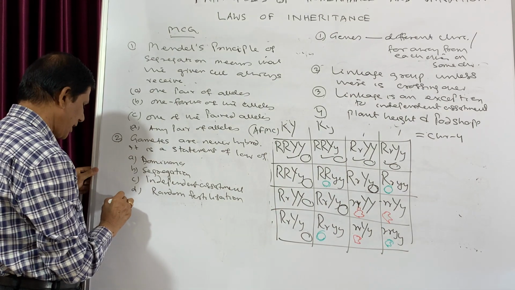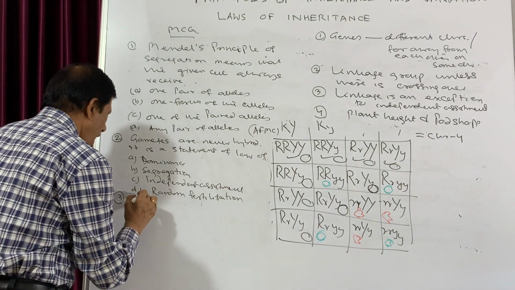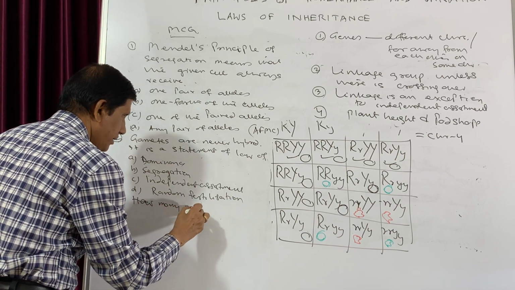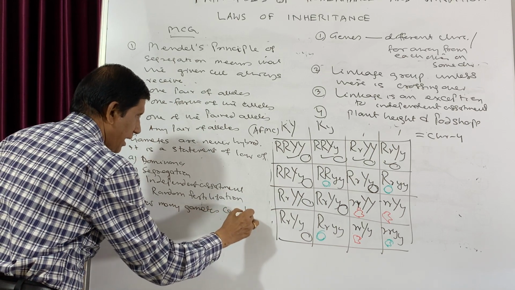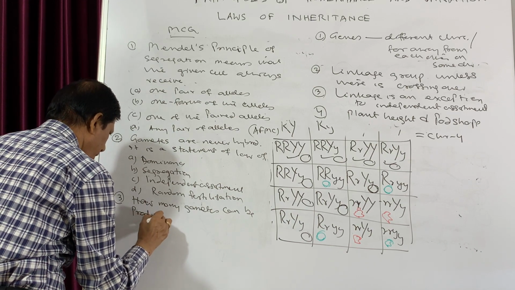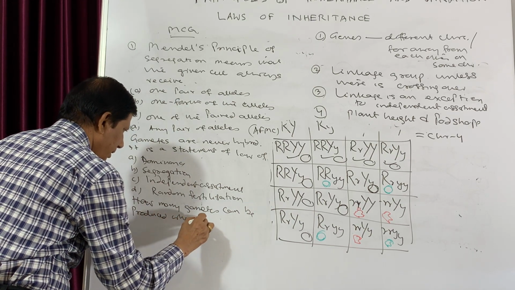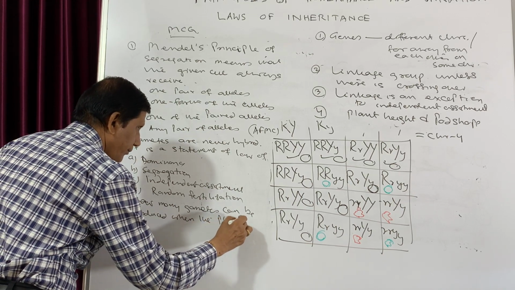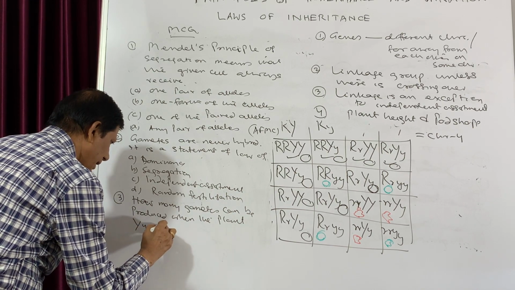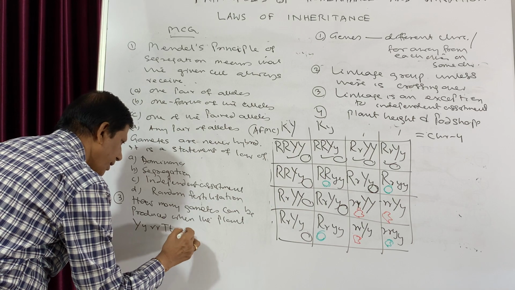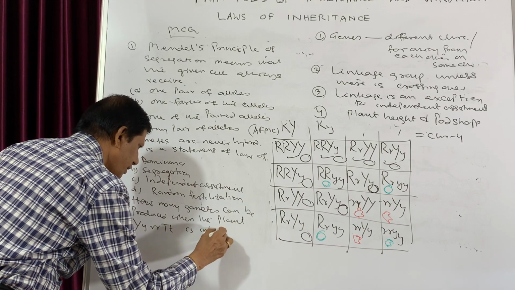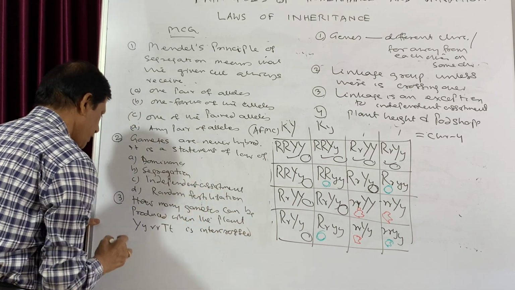Now let us discuss the third question, also a very good question. How many gametes can be produced when the plant with genotype capital Y, small y, and capital T, small t is intercrossed?